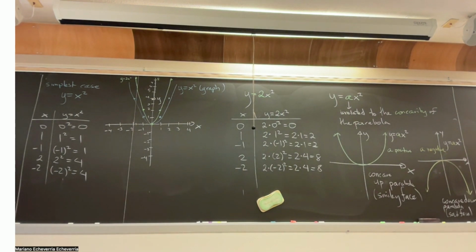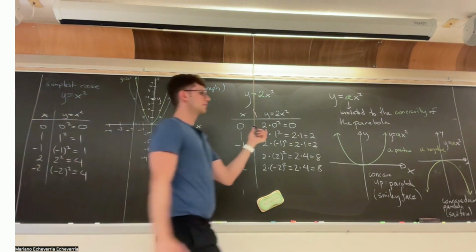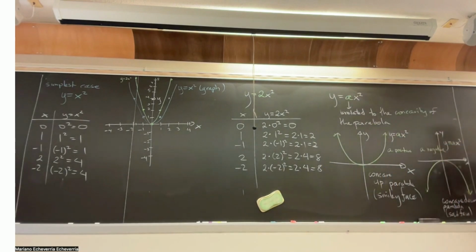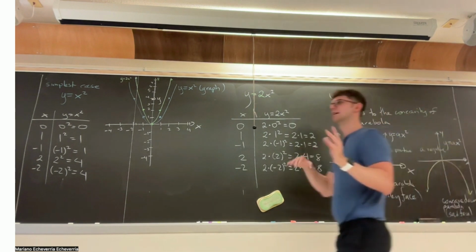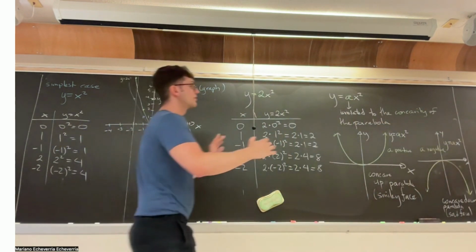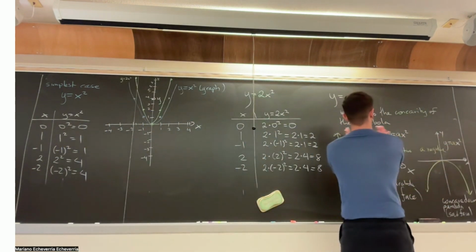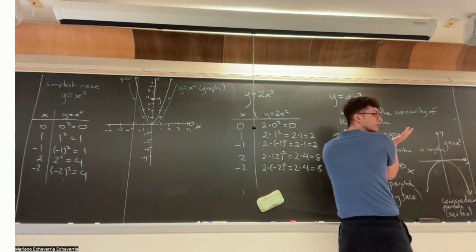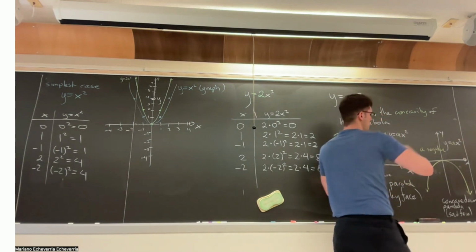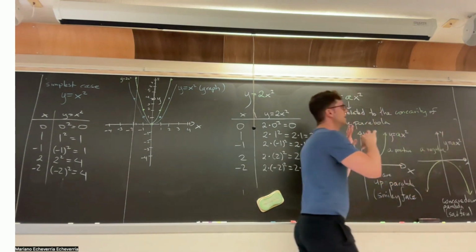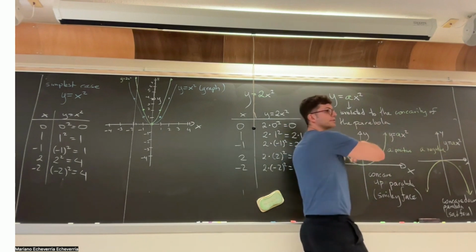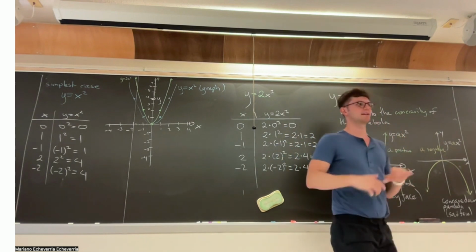So the number in front of x squared basically just tells you whether it's a happy face or a sad face. That's the only consequence of that number. The bigger this number gets, the more you squish the face into the y-axis. But qualitatively, you just care whether it's happy or sad, and that only depends on the sign.